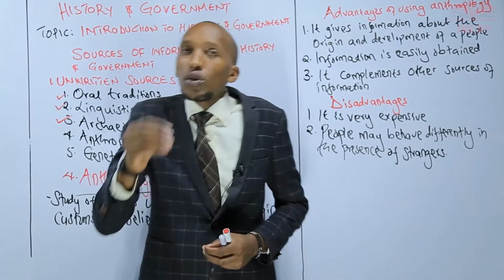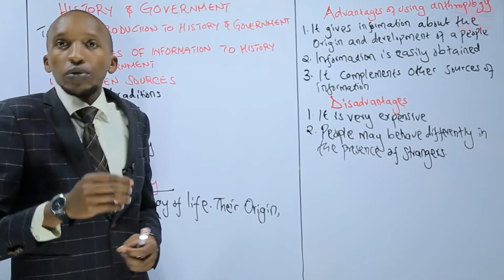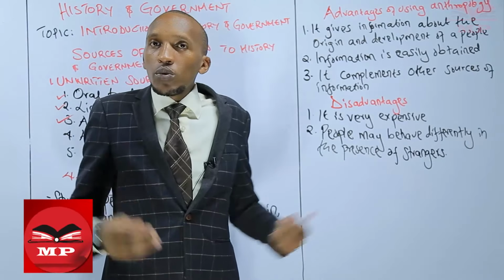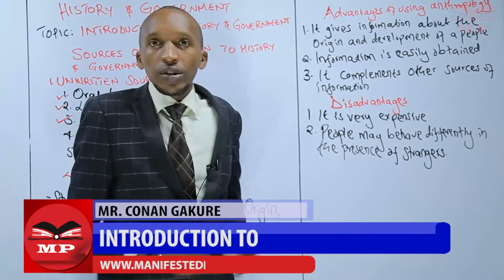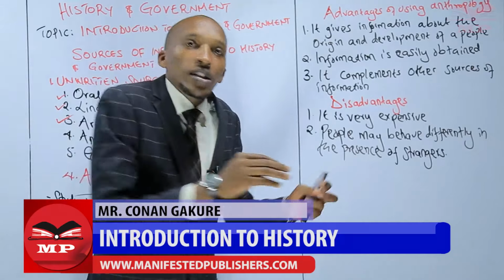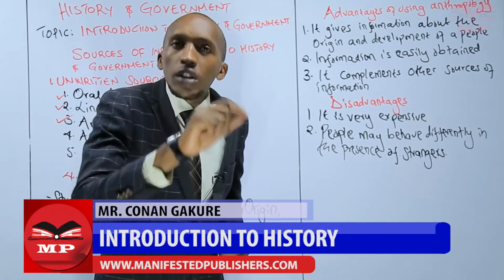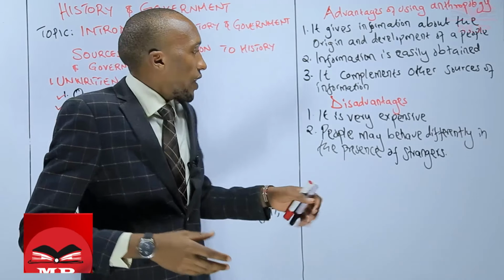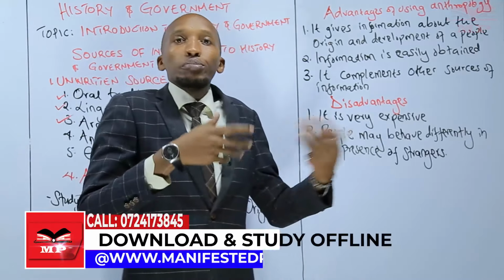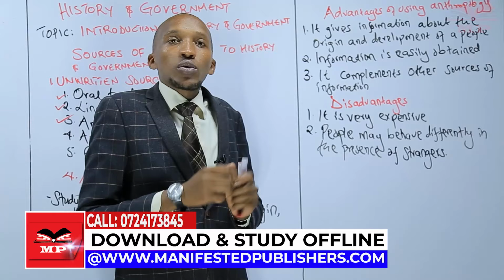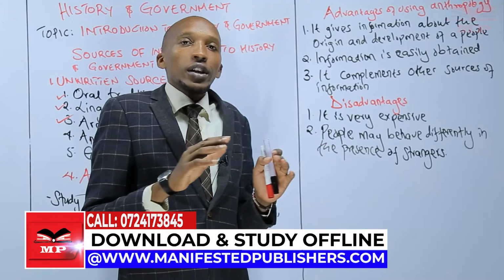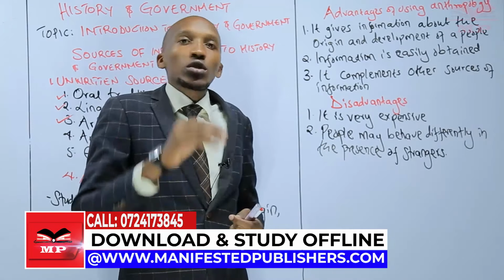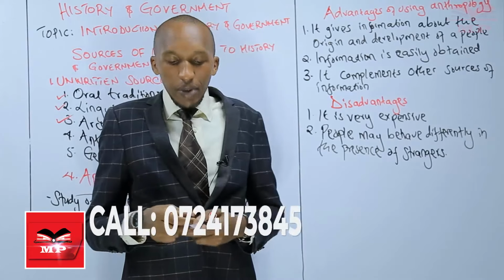For example, if you know a visitor is coming to visit you tomorrow, what will you do? You will want to clean the house. You will want to make sure the things are well arranged. That is not the normal way in which your house always is, right? So whenever there is a stranger, people will want to behave differently. They'll want to show the better or the conducive image. They do not want to show their real image.